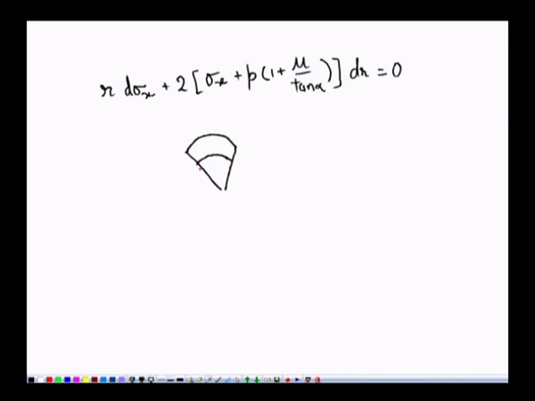So, this is the segment from here to here, and the distance between them we have taken as del r, and the stresses which are acting here in this direction are sigma theta.